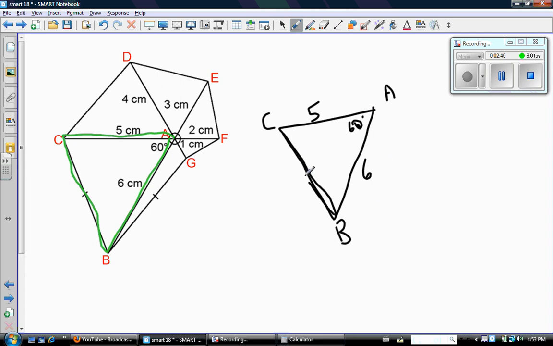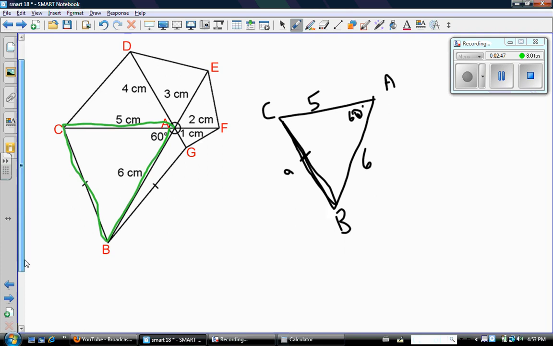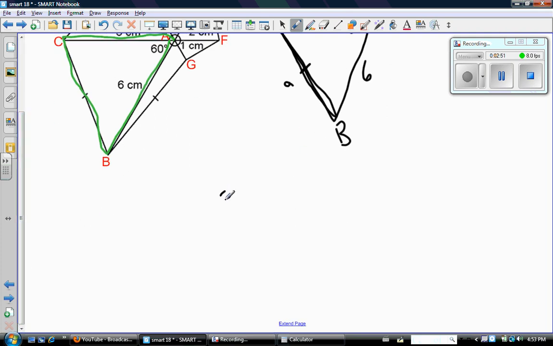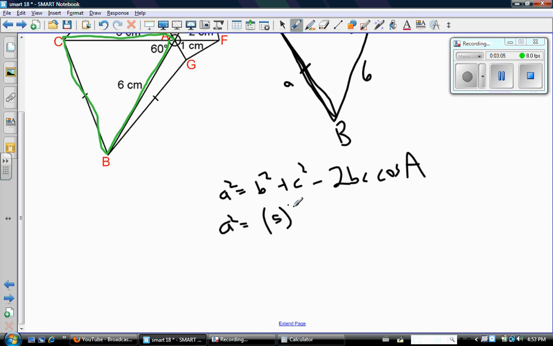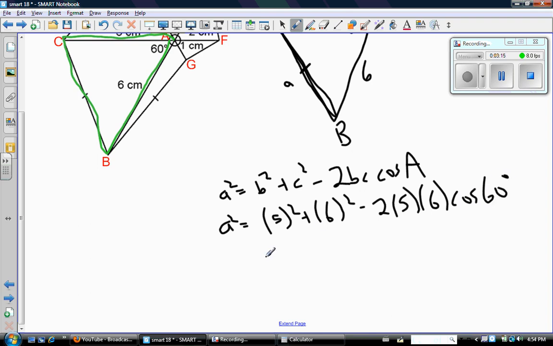When I use the cosine law, I'll be able to tell you the length of this side, which I'm going to label right now as tiny little a. Let's do this math. a squared equals b squared plus c squared minus 2bc cosine big A. So a squared equals 5 squared plus 6 squared minus 2 times 5 times 6 times the cosine of 60 degrees.